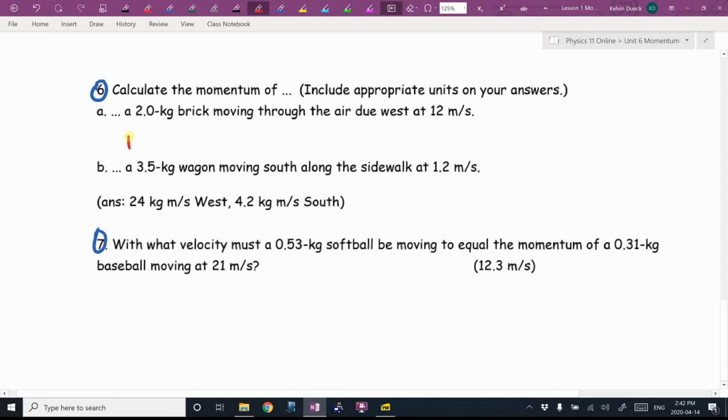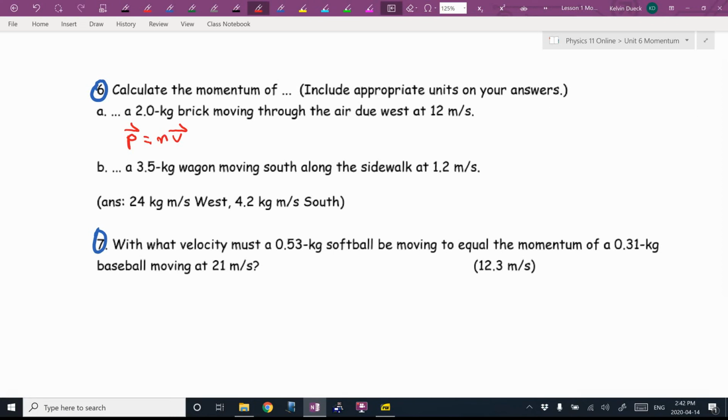So momentum is mass times velocity. You'll notice I'm paying a lot more attention to the vector notation. I'm bringing back the vector arrows. I won't take marks off if you don't put the vector arrows on in your work, but you might lose some sloppy marks because you might forget that you're dealing with vectors.